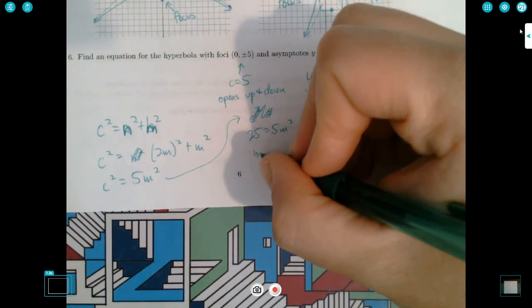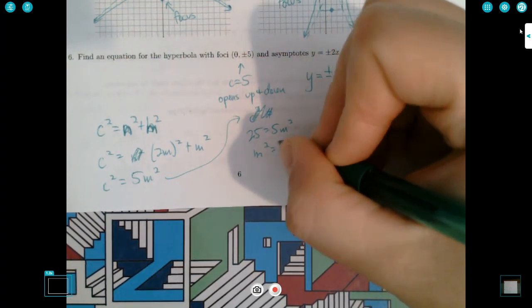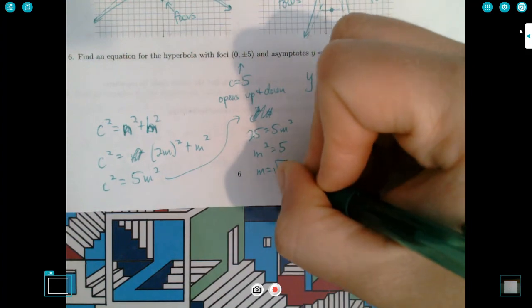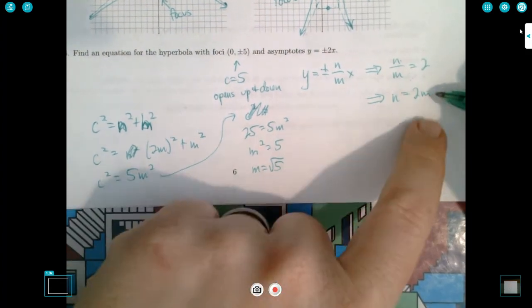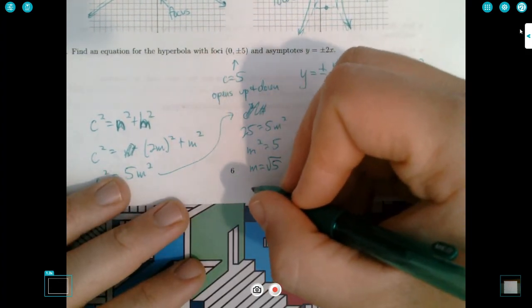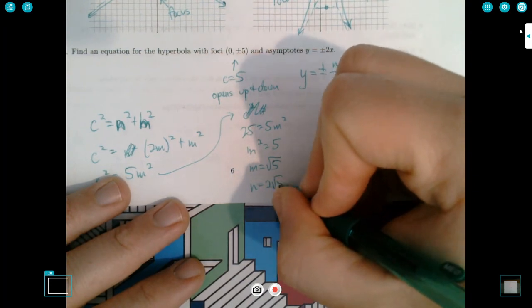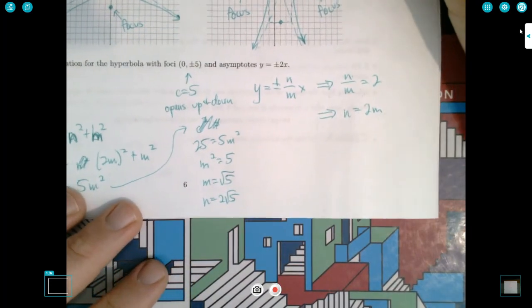That means m squared is 5, so m is the square root of 5, and n would be 2 times the square root of 5. So what do we get? Okay.